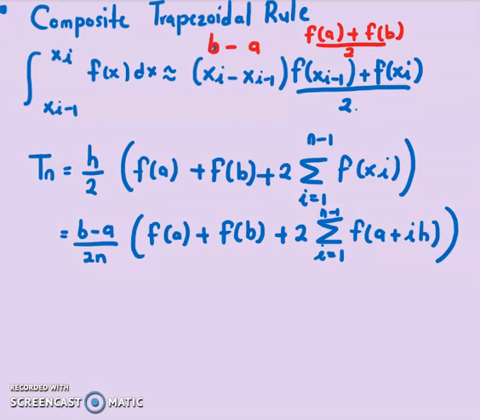So if I have T6, where n equals 6, I divide it into 6 intervals.